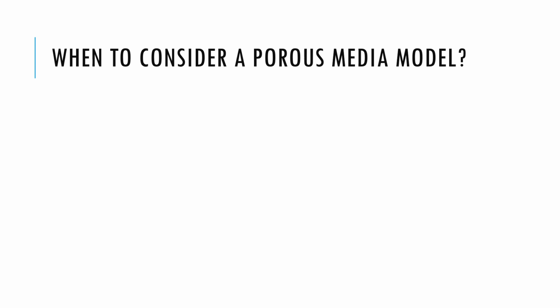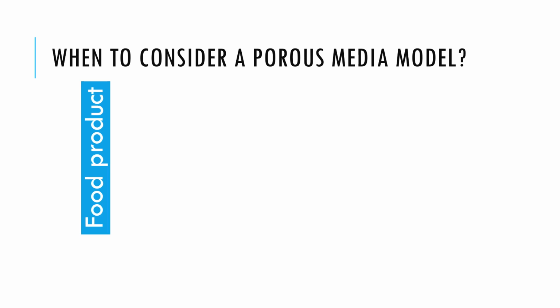So this porous media formulation is a multi-component, multi-phase porous media model, and now we can discuss when it is needed and when it is not. Now we can divide a food product into two types of possibilities.